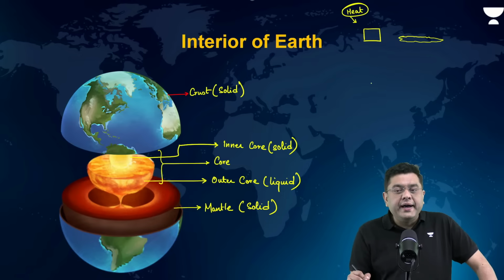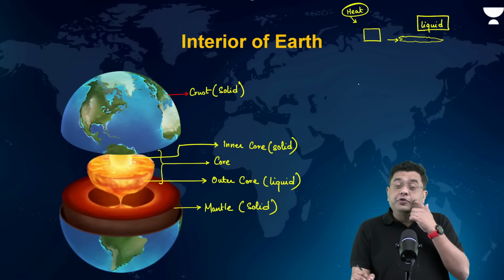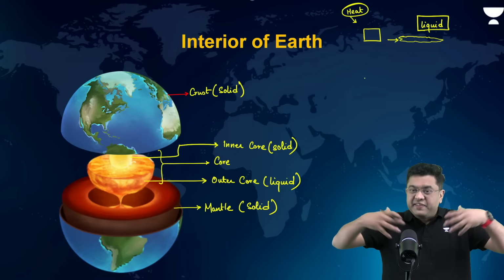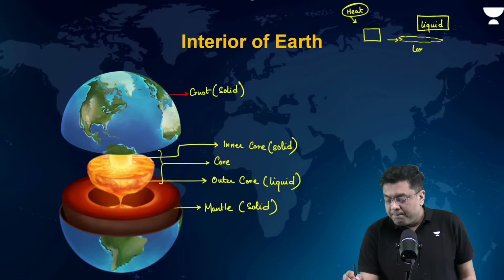It will form liquid iron. So, this liquid, what will be its volume? Much larger as compared to when it was solid. When it melts, it basically spreads. So, it will have a larger volume, isn't it?